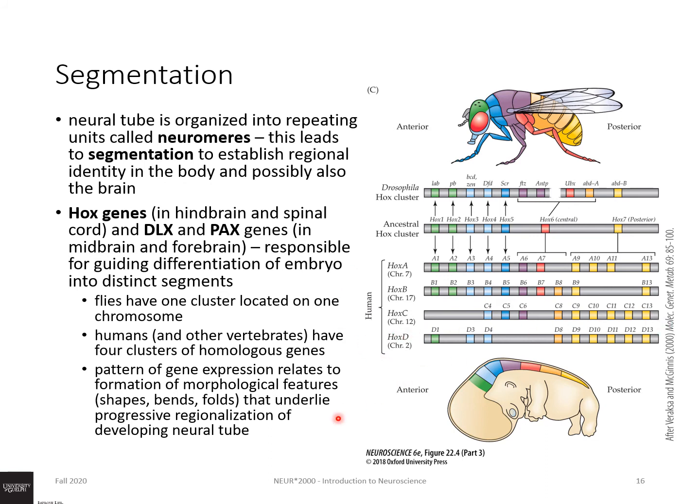And this pattern is what regulates the morphological features. So all of these bends and shapes and folds that we express underlie the progressive regionalization of the developing neural tube. So just be aware of this notion of segmentation of the neural tube.